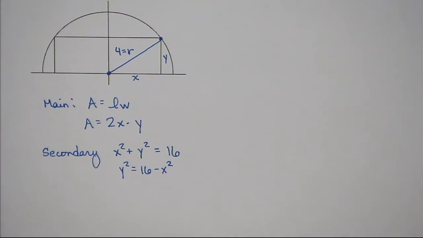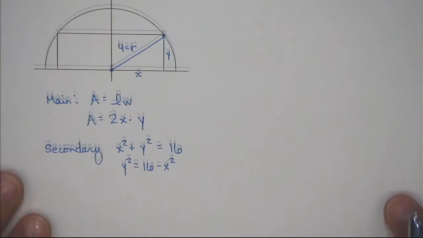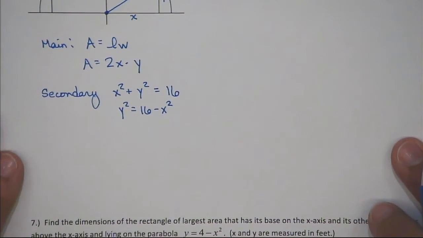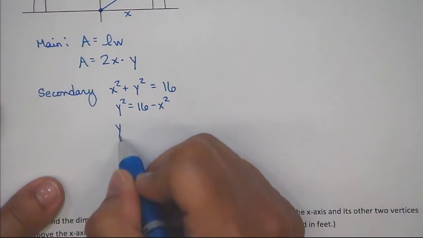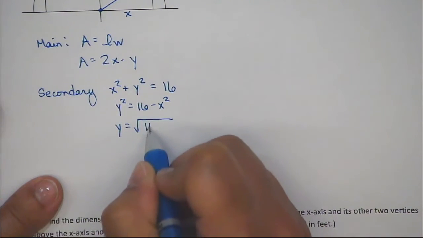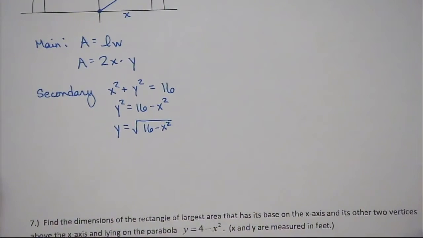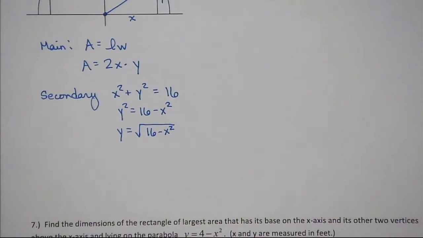And this is my favorite part. If you take the square root, what do you get? Please don't tell me you get 4 minus x. You get the square root of 16 minus x squared. You can't do that. You take the square root of this, that is not 4 minus x. Okay? You cannot break apart numbers under a radical.